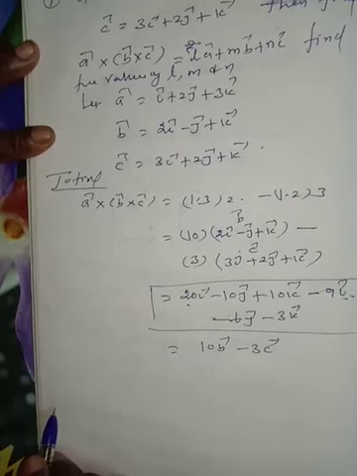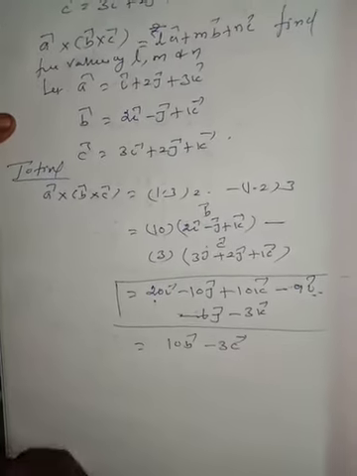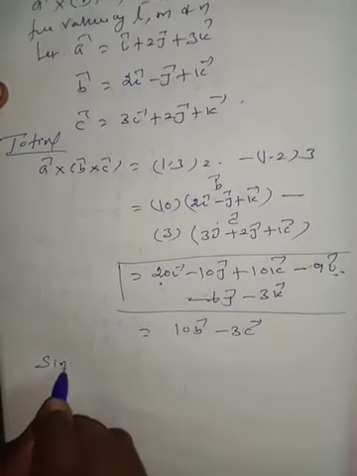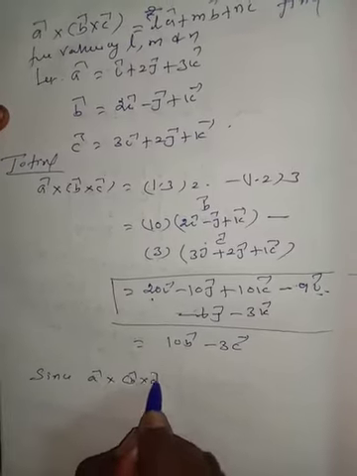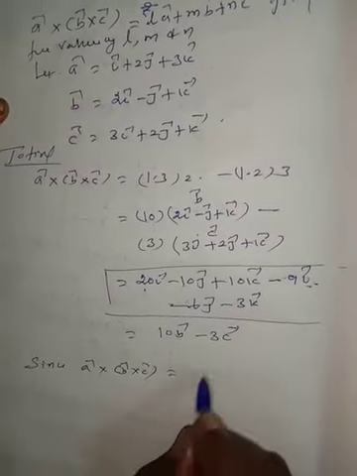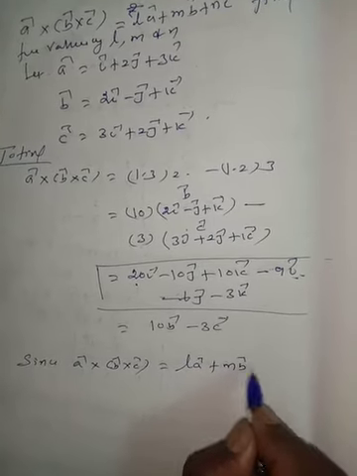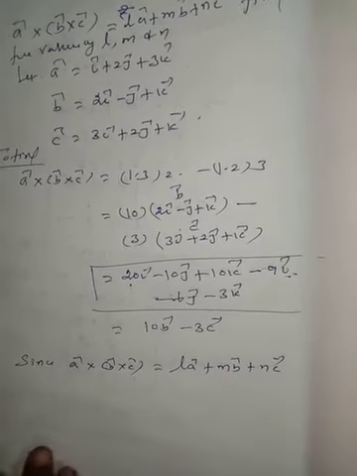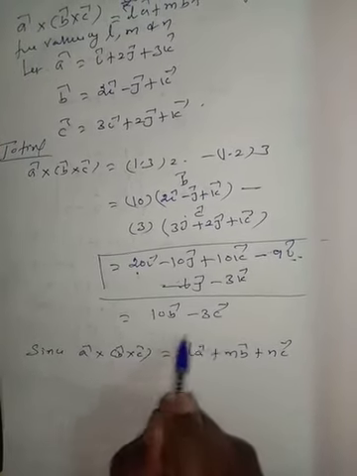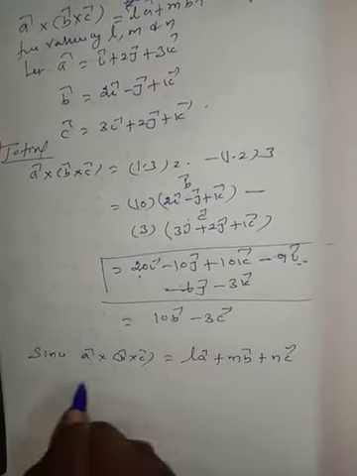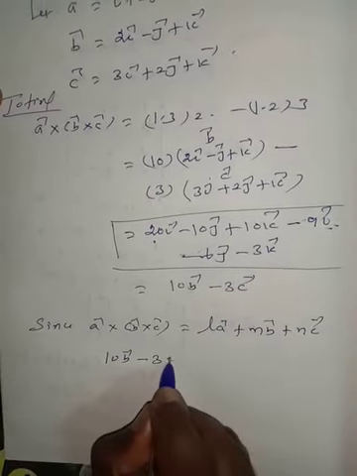Left hand side: A vector cross B vector cross C vector is equal to LA vector plus MB vector plus NC vector. Already A cross B cross C is 10B minus 3C.